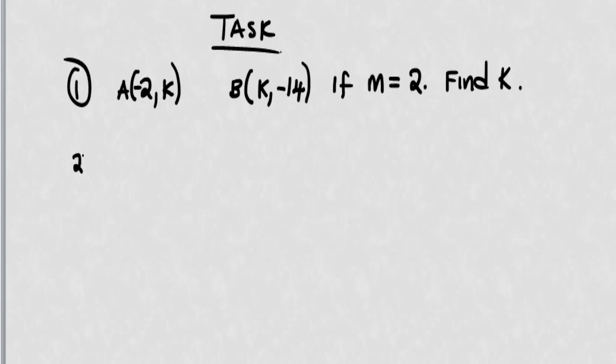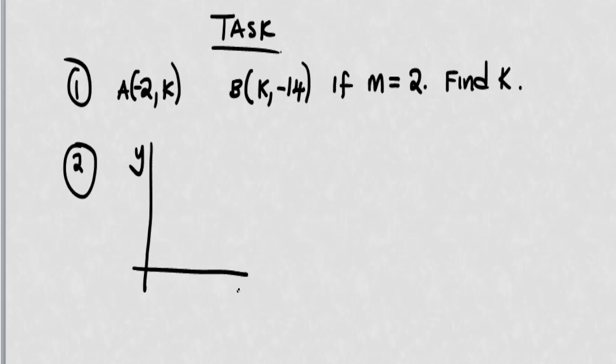Then the second question I'm going to give you is, suppose we have an x and y plane like this. So y, x, so we have 0 there. Then we have a line.